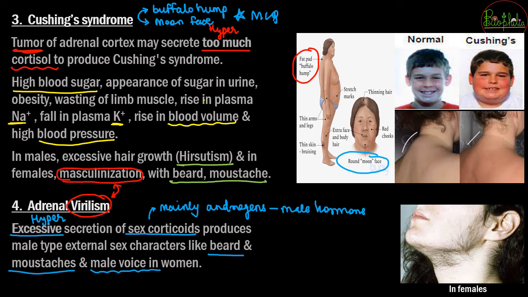Because indirectly you can understand male hormones are secreted in larger quantities, whereas in Cushing syndrome male hormones are not released much, it is just some other symptoms that are seen, like excessive hair growth or masculinization in females. So that is the difference that you need to understand between hirsutism, masculinization in females, and virilism.